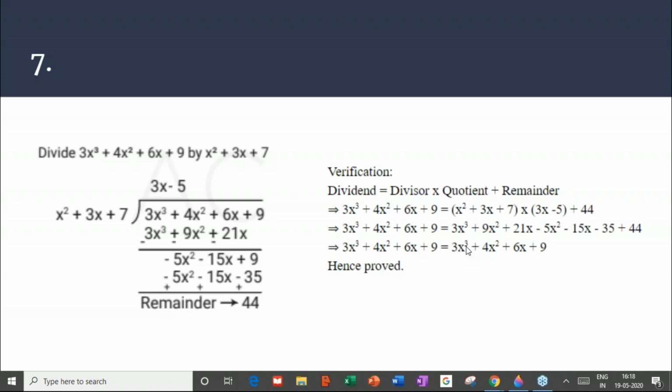Some of the problems in this chapter you will get as two parts, like find the zeros and then verify using division algorithm, or find the quotient and remainder and verify using division algorithm. If they give you the zeros, they'll ask you to get the polynomial, then verify, which is a longer procedure. For direct verification, you just need to find the quotient and remainder and verify using division algorithm, like prove LHS is equal to RHS.